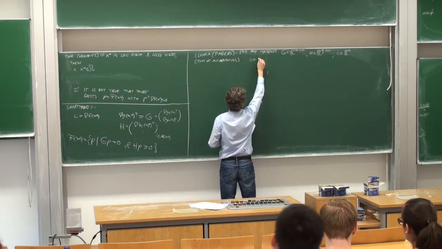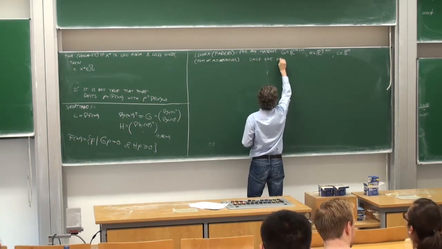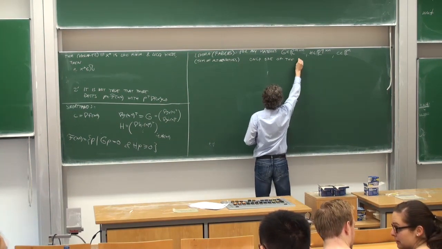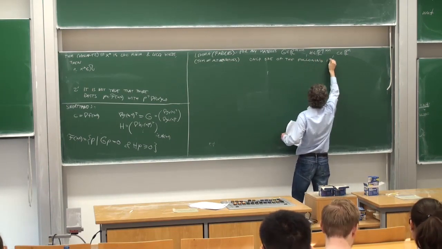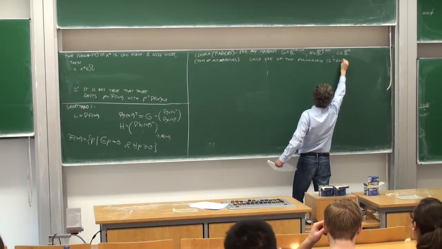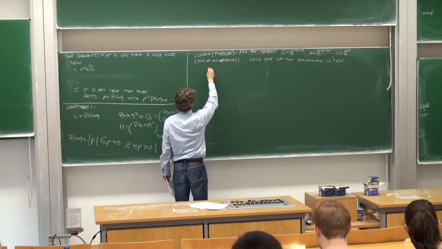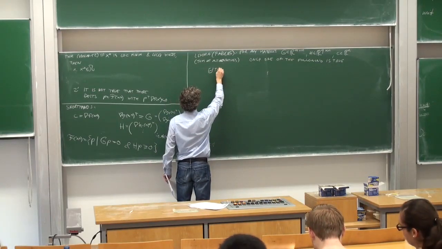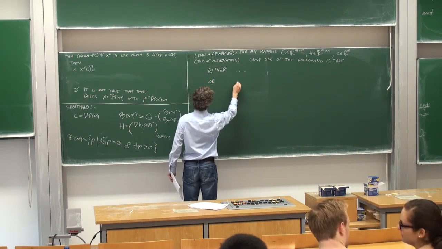So for any two matrices, only one of the following is true. To be sure that the statement comes over, I write here either something or the other thing.